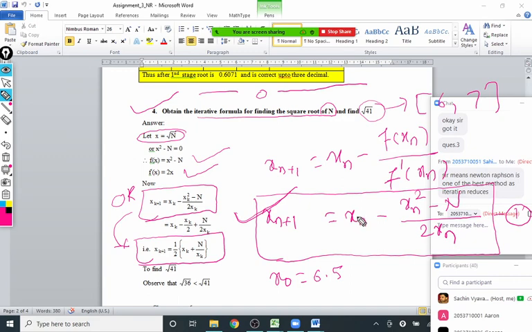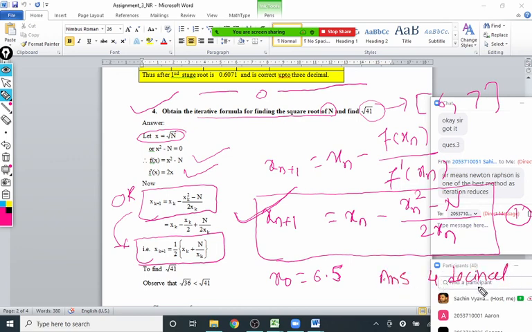Replace x0 here, you get x1, then calculate x2, x3, till how many decimals repeat? Nothing is given. Whenever the stopping criteria is not given, find the answer correct to 4 decimal places.